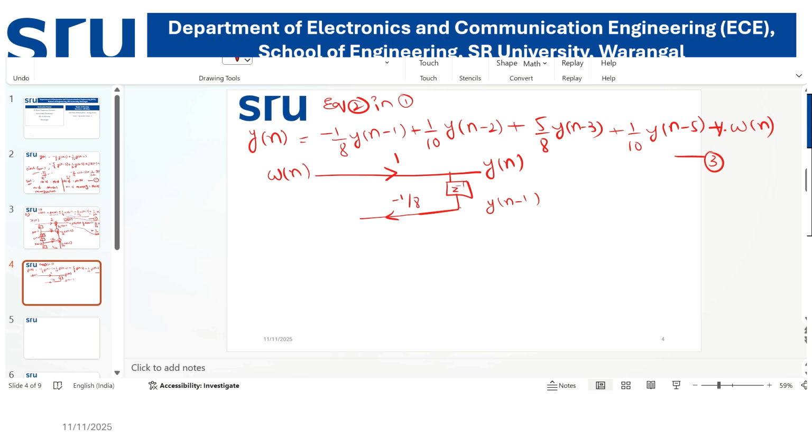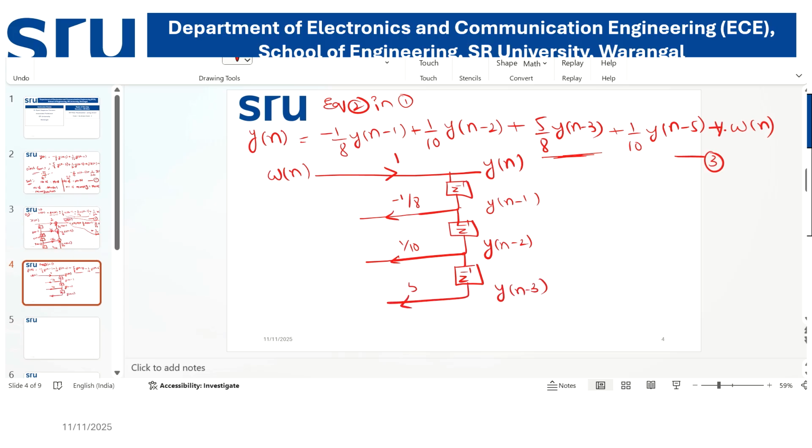Then to generate y of n minus 2, again it is delayed by one more sample, that is y of n minus 2. Then the coefficient for y of n minus 2 is 1 by 10. Next, to generate the y of n minus 3, again it is delayed by one sample, that is y of n minus 3.